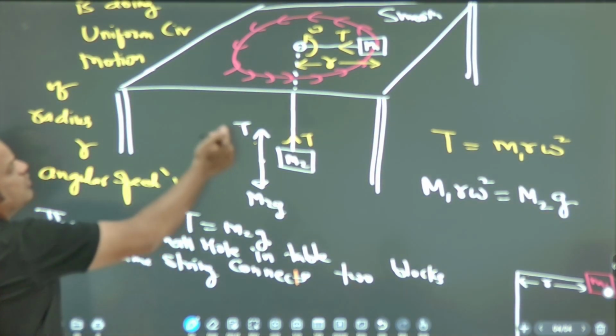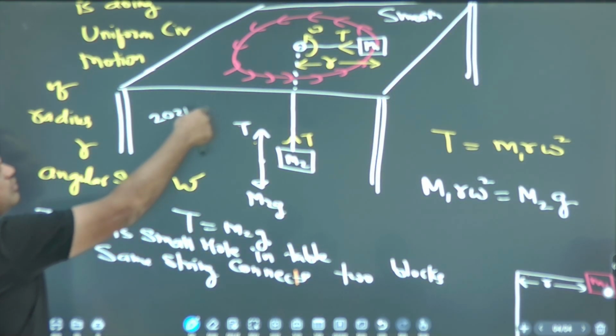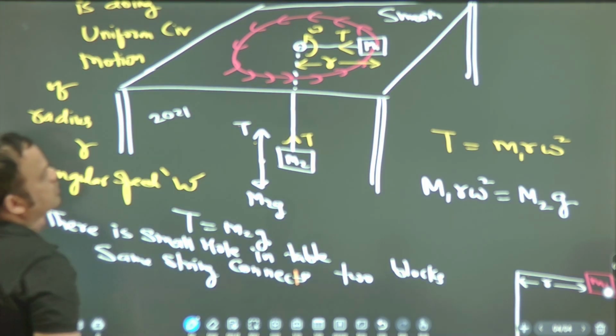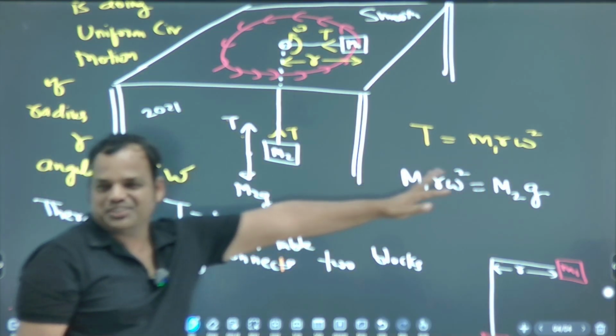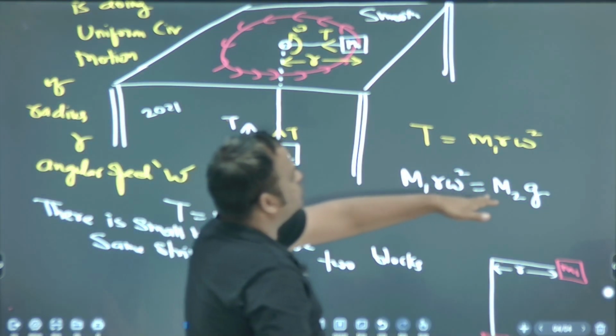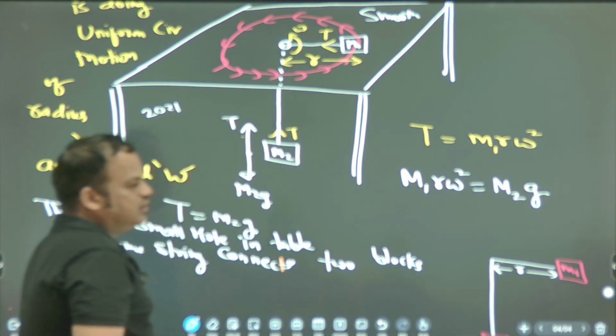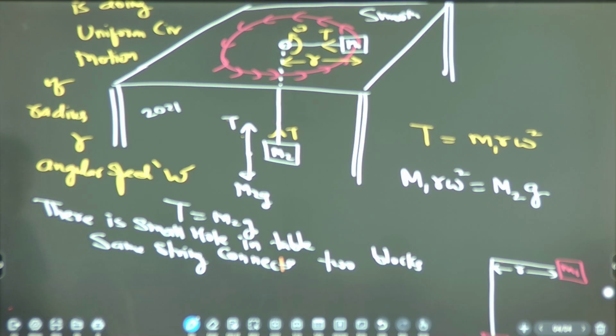This came in NEET also. I think in 2021 one NEET question was there. This question came, and just one formula was there in that question. So M1 R omega square is equal to M2G. I will show you the exact question.